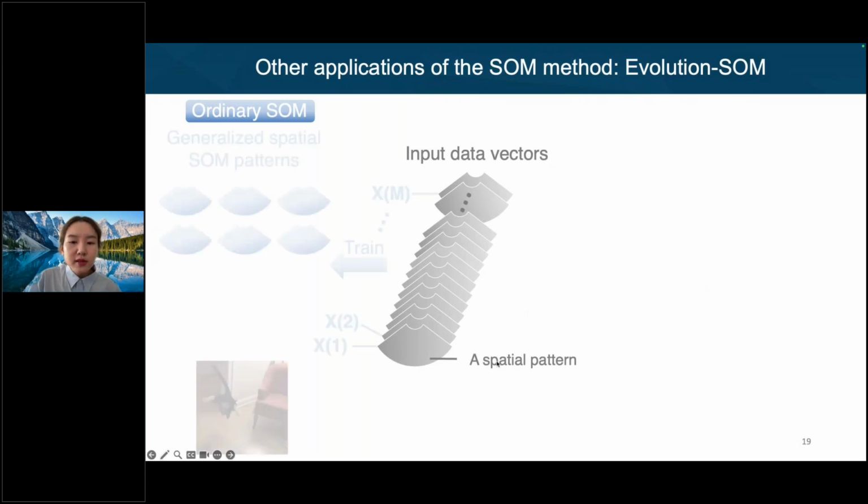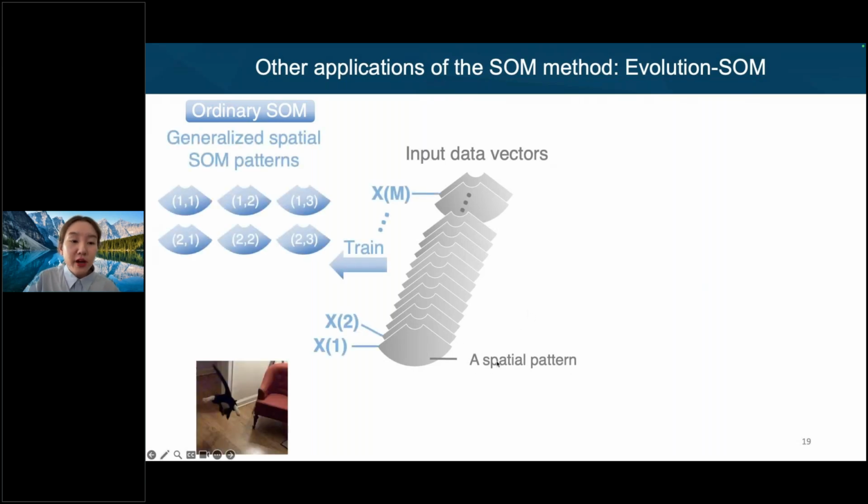So you can think of it as classifying individual pictures. For example, imagine that we are classifying a set of cat pictures. Looking at this single picture, you can see this cat staying aloft, but you don't know what happened before and after this snapshot. So using this ordinary SOM, we can only characterize the spatial SOM patterns.